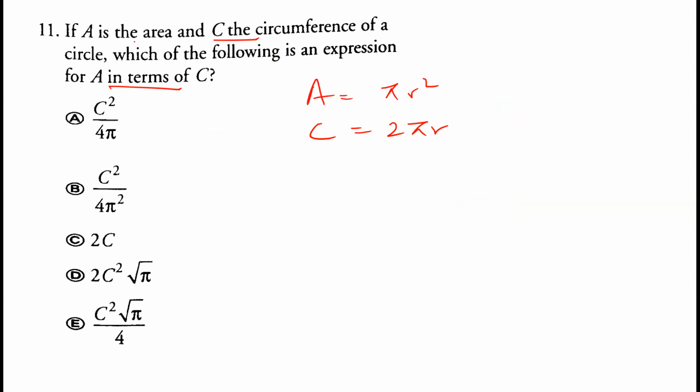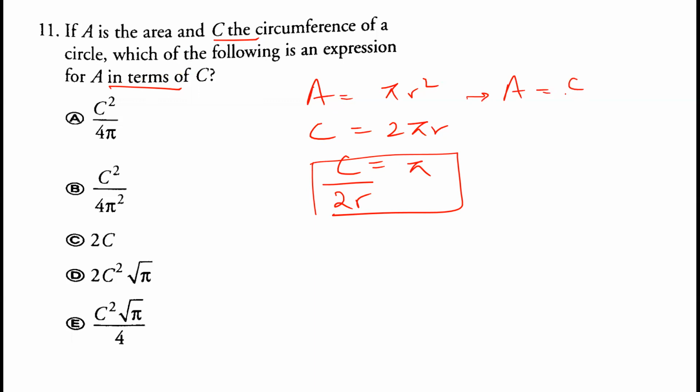Now we can say that C upon 2r equals pi. So we can have this expression. Now we can substitute this expression over here. A equals C over 2r into r square.